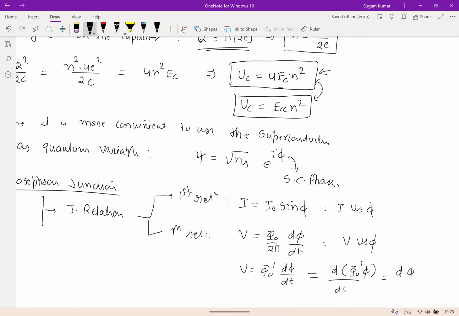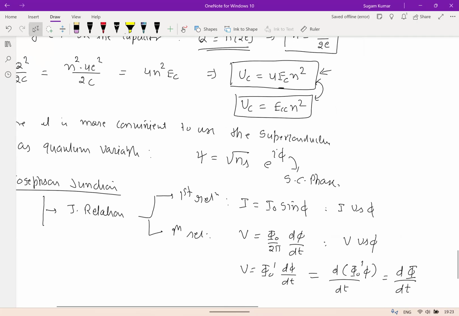So here you can see another very important relation: the voltage and the flux, this is how they relate to each other.